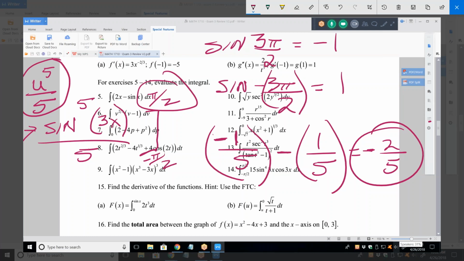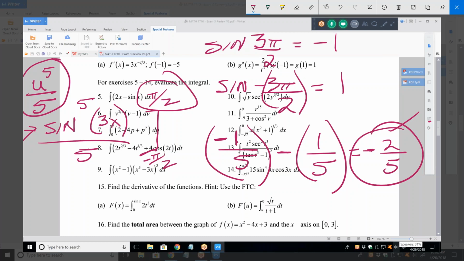You'll still end up with minus 2/5. But this method still requires you to figure out what u is at minus pi over 2 and at pi over 2, so you still have the same amount of work. I don't see it being any easier, and it's a little bit confusing.